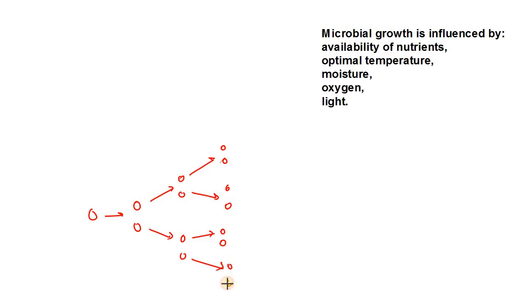They multiply much faster than us human beings. Now, so this is all the story of their population. They keep on growing at a very fast rate. Their population increases at a very fast rate, and we have to understand what are the factors.